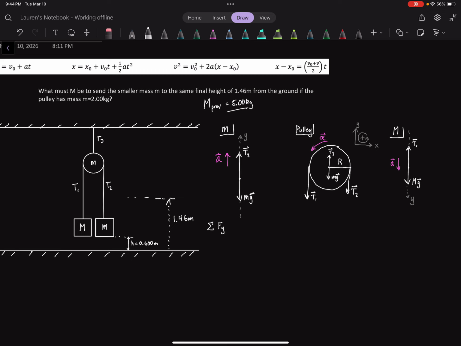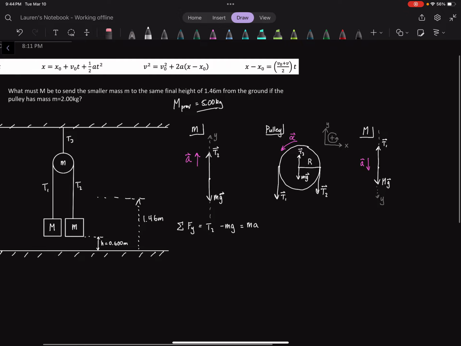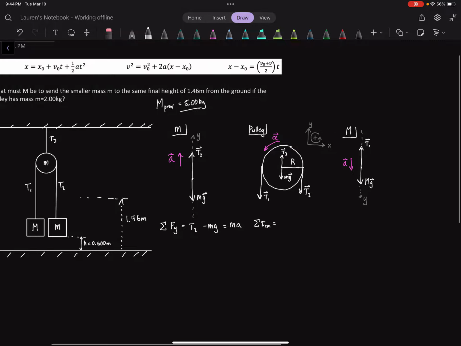So sum of the forces in the y here. We have T2 minus mg equals ma. Sum of torques on the pulley, so this will be about the center of mass, is equal to, let's see, making it rotate in the positive direction, we have RT1.